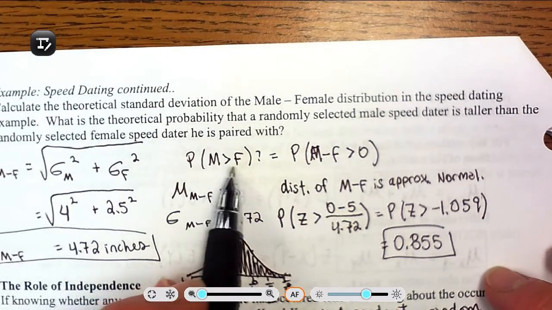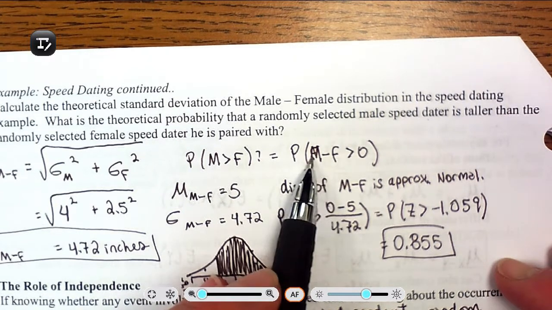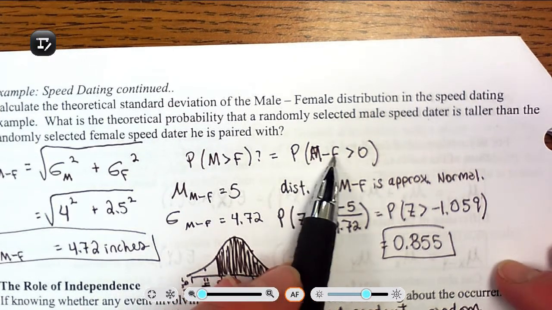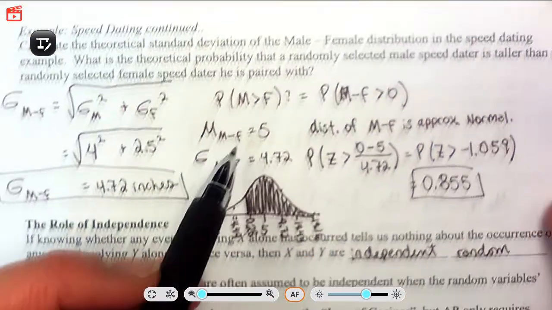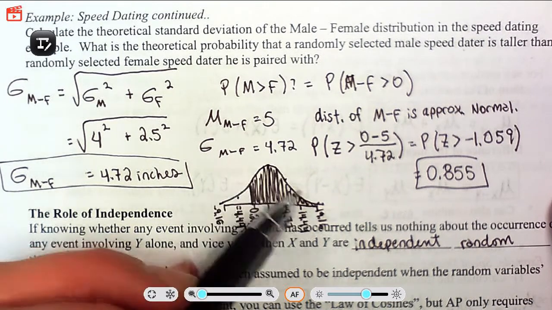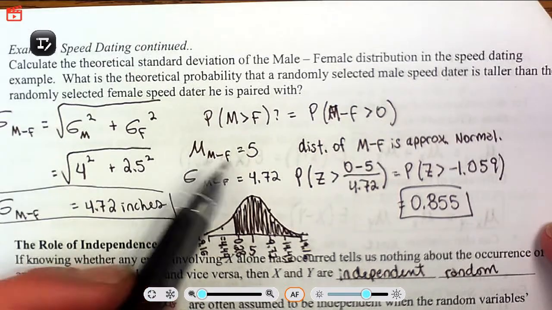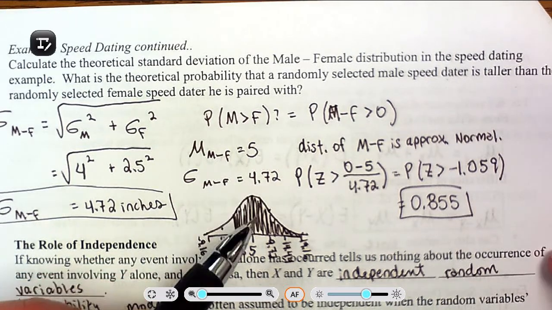Okay, so what's the probability that the male is larger than the female? Therefore, what's the probability that the male minus the female is greater than 0? All the times that the difference is greater than 0, the male is taller. So we're going to use the 5 for the mean and the 4.72 for the standard deviation.